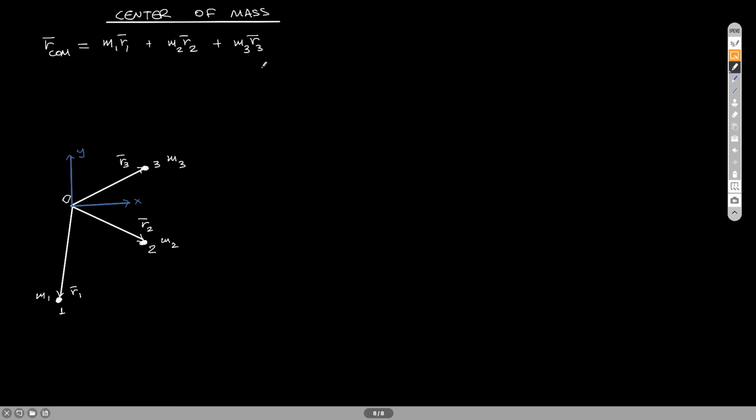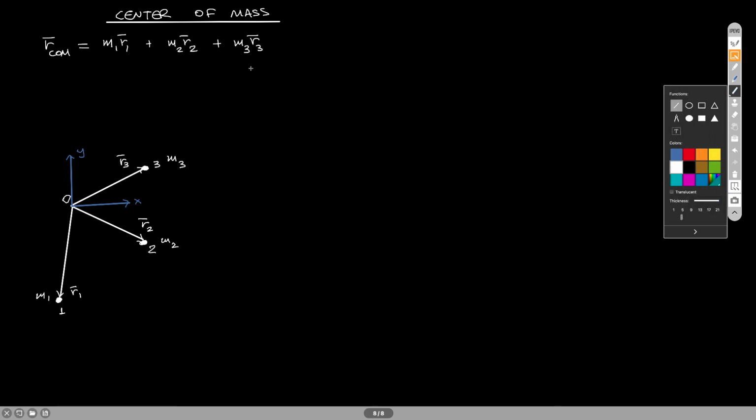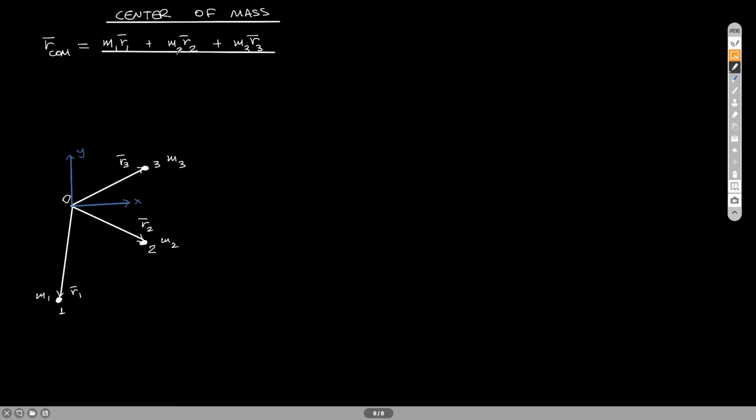Now, I don't want the position of the center of mass, which is a position, to depend on how much total mass I have. I will divide this by the total amount of mass that I have in the system. So this will be divided by m1 plus m2 plus m3.